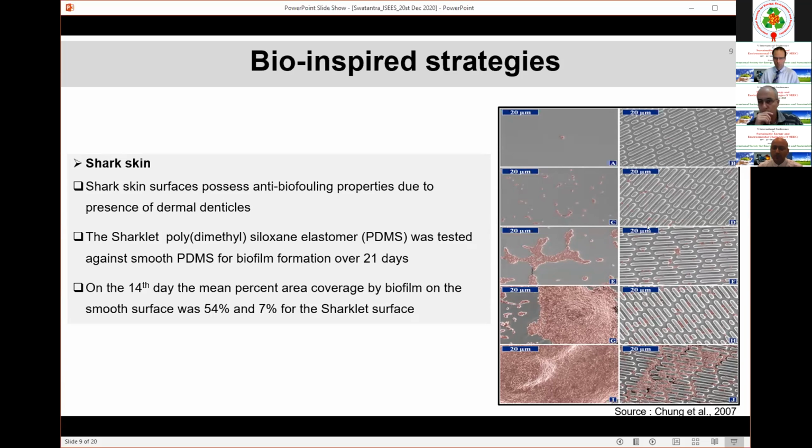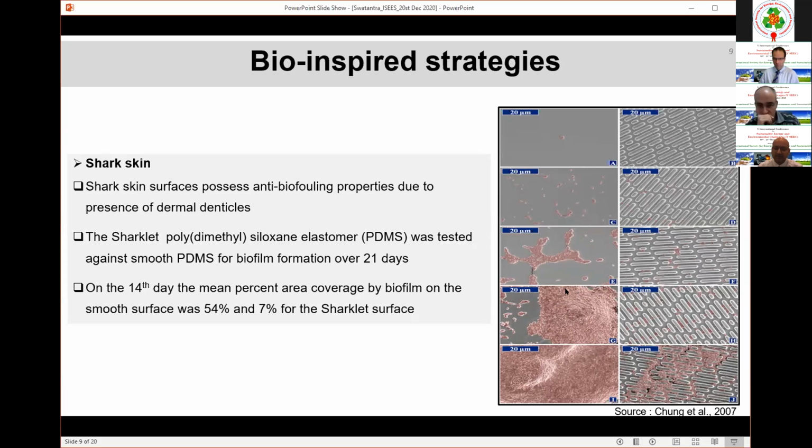They have shown a clear difference between these two surfaces over 21 days. On the 14th day, they estimated that on the sharklet surfaces there is less bacterial growth as compared to the plain PDMS surfaces.